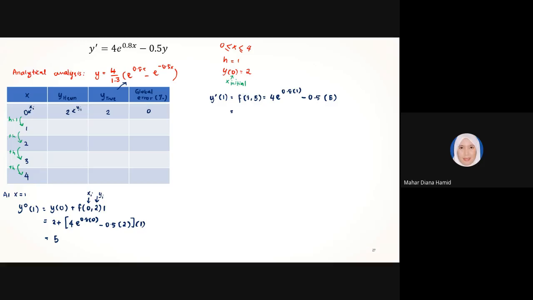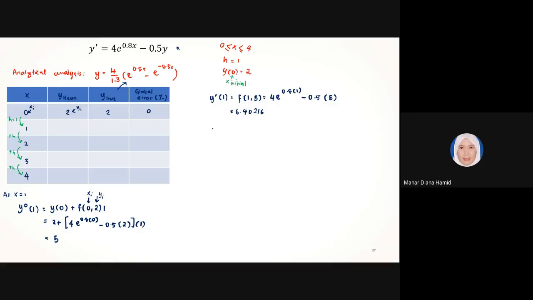So for the slope at 1, we just substitute the values of 1 and 5 into this equation, the original function itself that we wanted to solve, and we will get 6.40216.